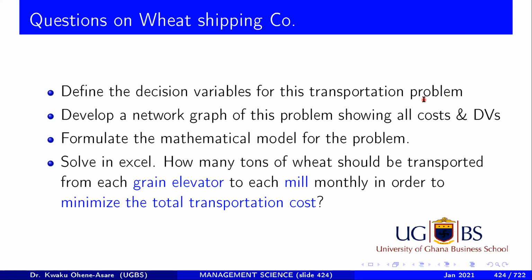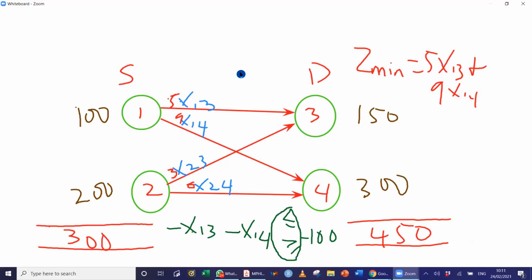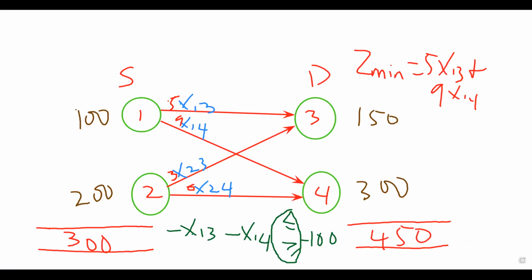How would you define it? There are 2 ways of defining the transportation problem. Let me take you back to our board. We've already indicated that you have Xij, and that is one way of defining the information content here.